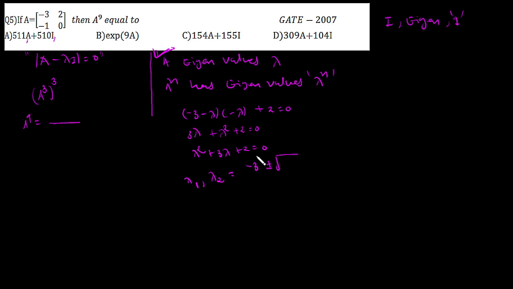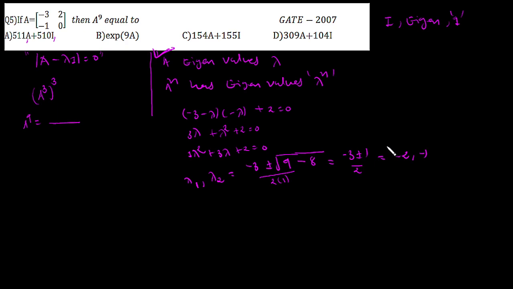Here the value of b is 3, so squaring gives 9. Then 4ac is 4 multiplied by 2 and by the scalar 1, which gives 8. This is divided by 2a, and here a is 1, so 2 multiplied by 1 is 2. So minus 3 plus or minus 1, divided by 2. So the two eigenvalues for this A matrix are minus 2 and minus 1.